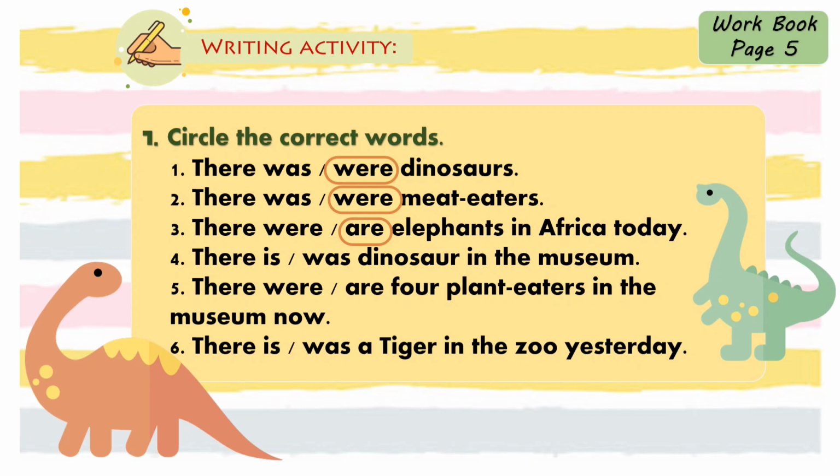The correct answer is. 5, there were or are 4 plant eaters in the museum now. Were or are? Answer is are because it's now. Number 6, there is or was a tiger in the zoo yesterday. Correct answer is was.